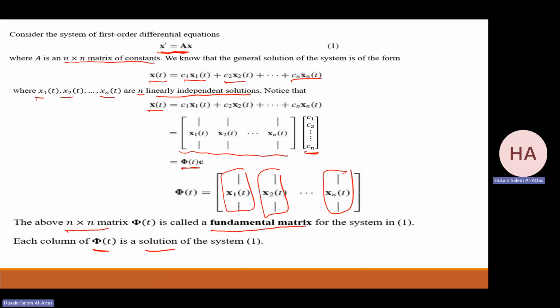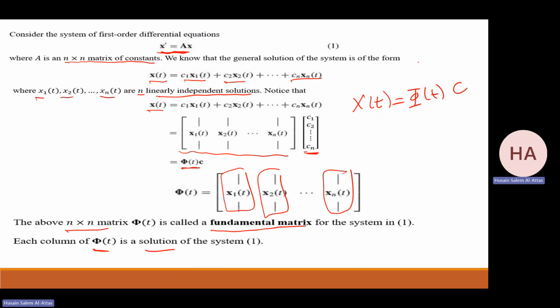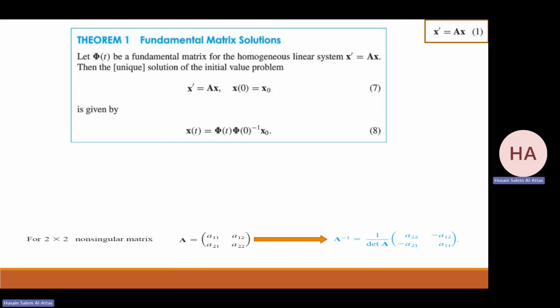I can write the general solution as phi of t times the constant vector, which is c1, c2 up to cn. This is for the system x prime equals Ax. This will be my solution, and I can write my solution in this format.